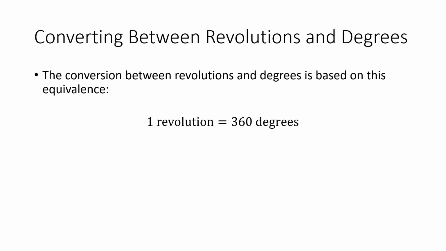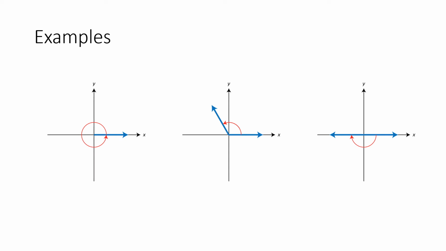Let's go back and look at those angles that we looked at before and see how we can convert them from the revolutions that we figured out to degrees. Okay, so remember this first picture was one revolution, and we know that one revolution equals exactly 360 degrees. In this next picture, we had 1/3 of a revolution.